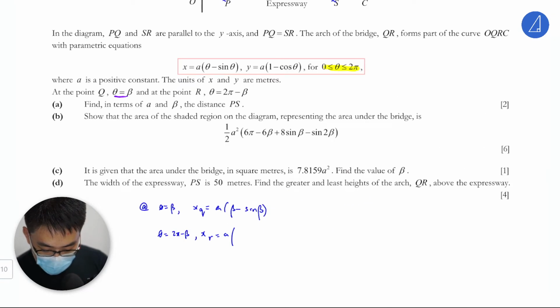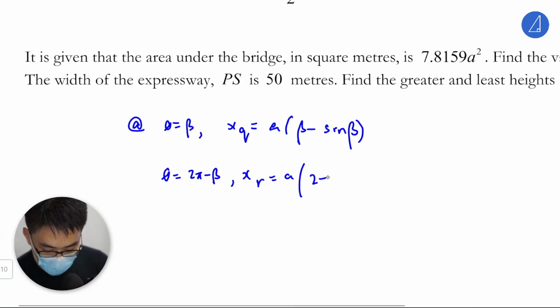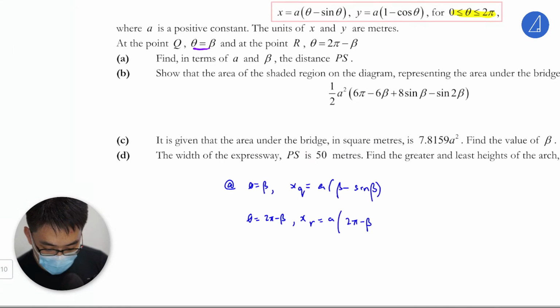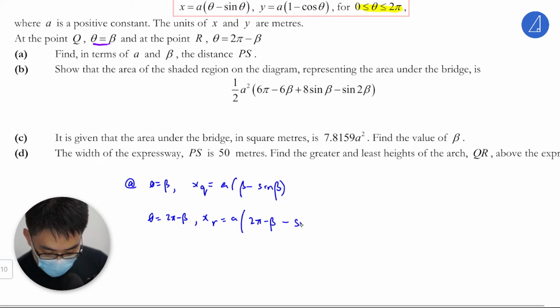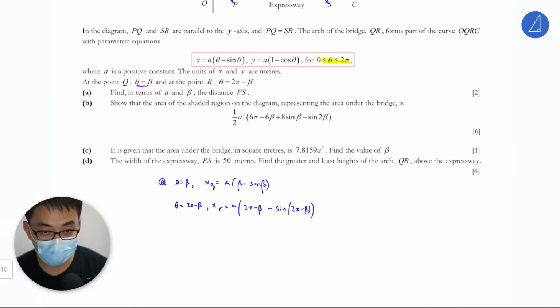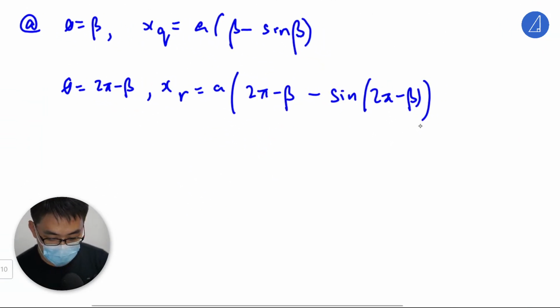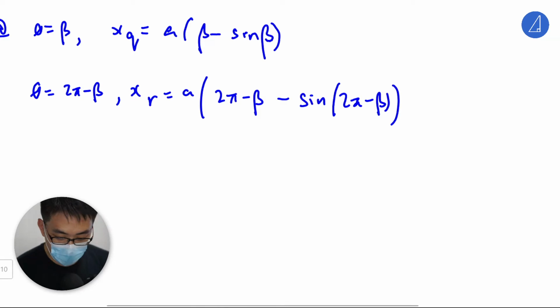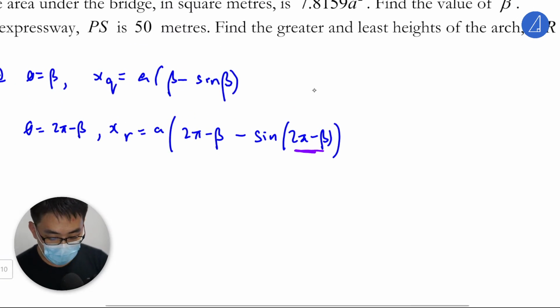A is 1. And then, okay, we can simplify this. So this one here, this is beta. You can either remember that sine of 2 pi minus theta is equal to negative sine theta.